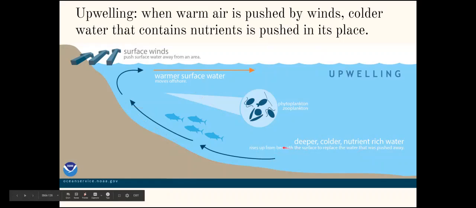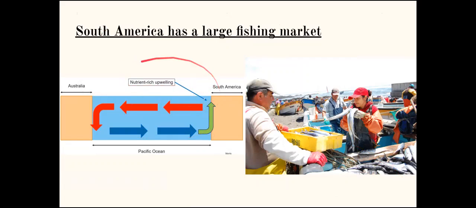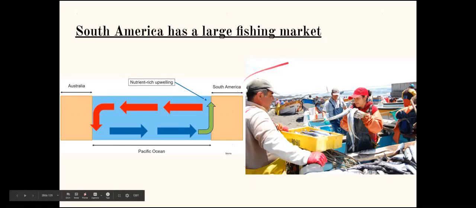And what's going to happen is the fish that feast on the phytoplankton, the zooplankton, will move in that direction. And so because of this, you're going to see South America, which has a very large fishing market. And that's because the warm water moves towards Australia, the cold water replaces it in South America, that nutrient-rich upwelling happens, and so they have a large fishing economy over here.